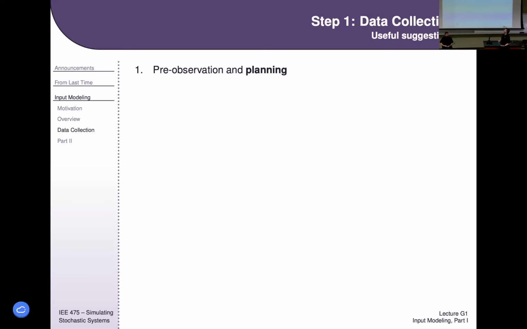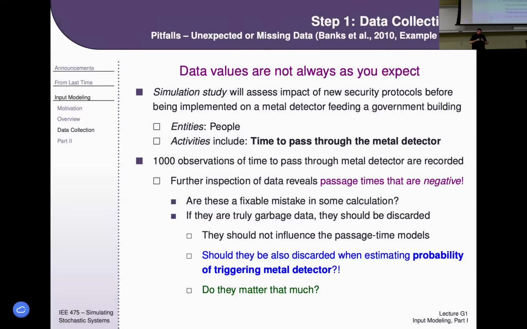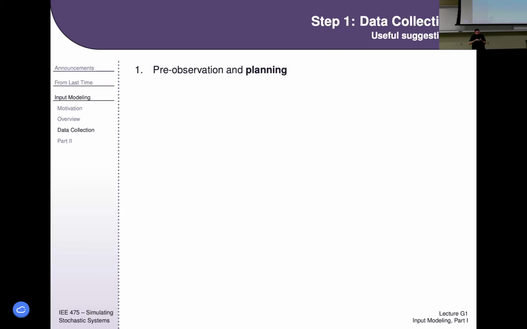All right, so how do we do this responsibly? Pre-observation and planning. What we mean by that is, if you decide for your final project that you're going to do the Chase Bank on Broadway Road or something like that, maybe go and check it out ahead of time.